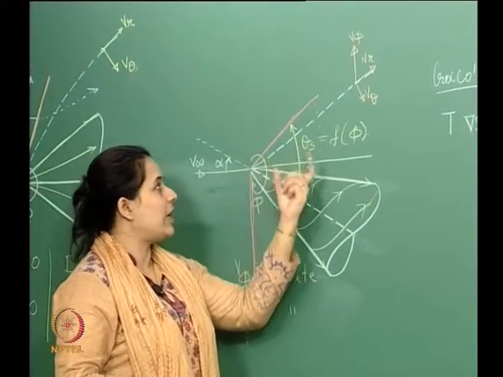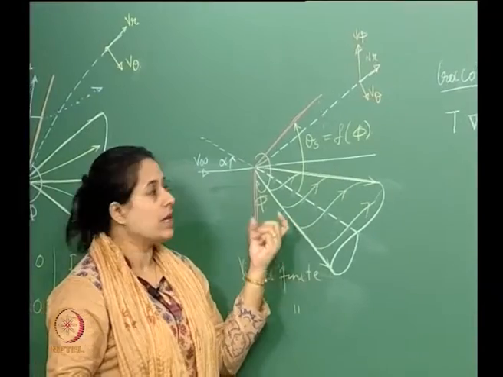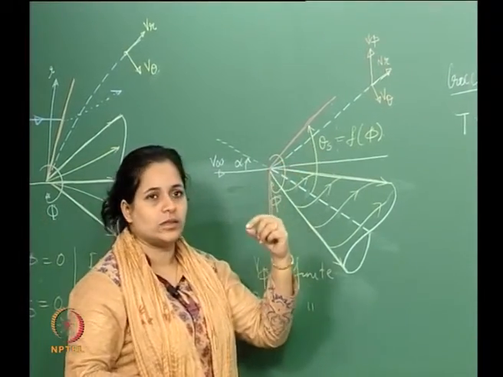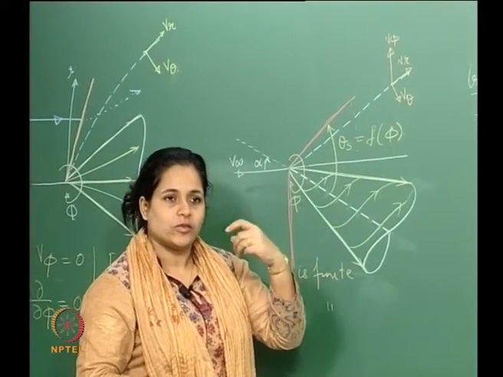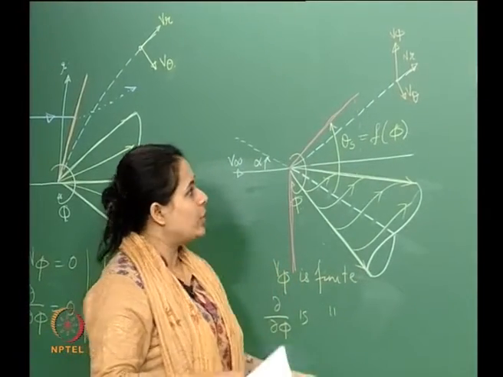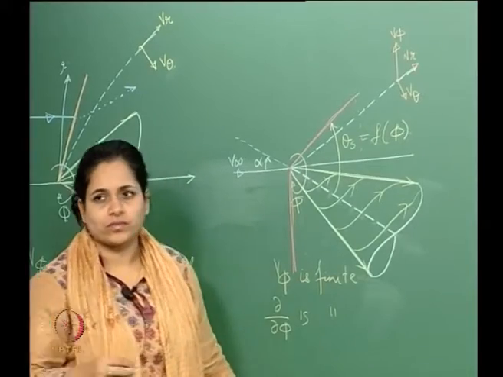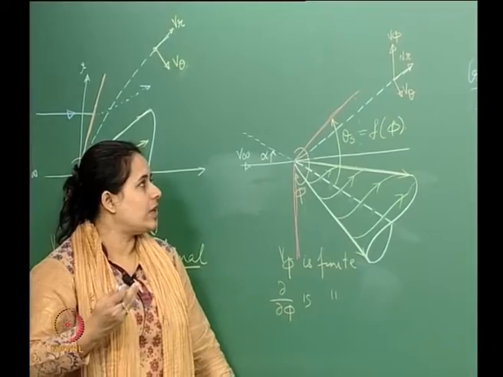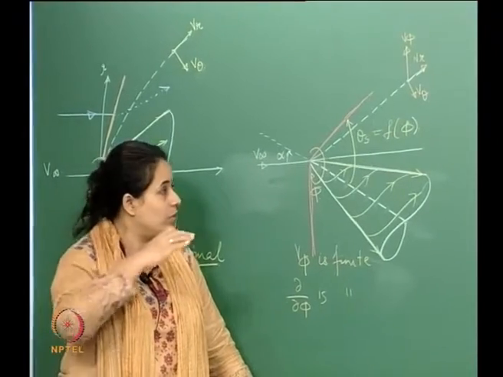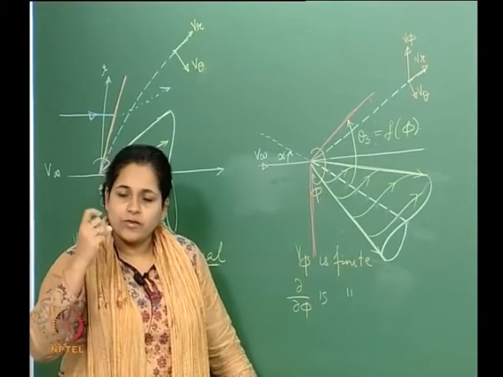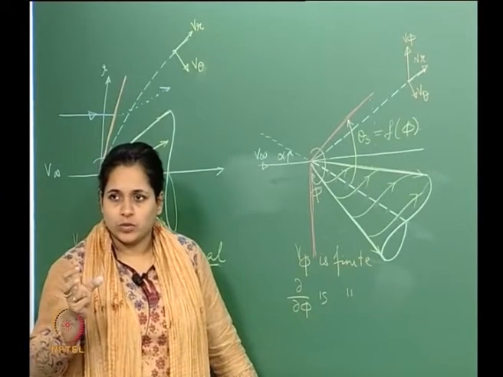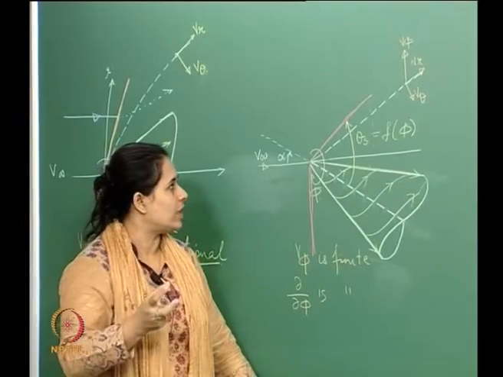If I encounter a different shock, then essentially I will have a different entropy, which means that I will have an increase in entropy as I move through the shock, a finite, non-zero increase in entropy.